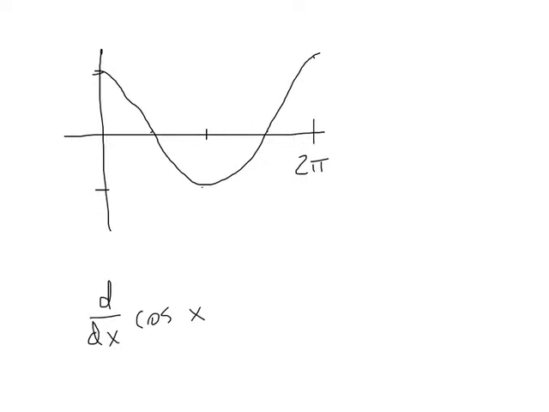So right here and right here all have tangent line slopes of 0. So we're going to go through 0 there and there and there. Right here it's going to have a slope of -1, and right here it's going to have a slope of +1.